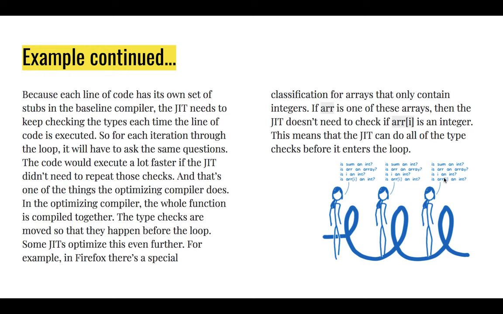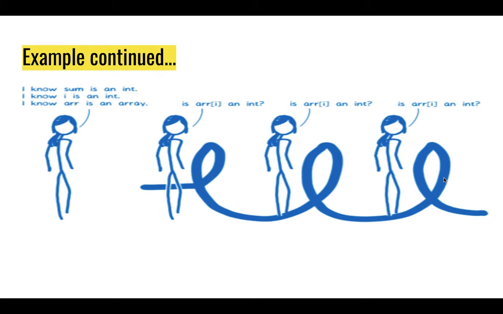If this comes out true for a few iterations, JIT would assume that this would be true for all next iterations of the loop, and thus it has made these assumptions: I know sum is an integer, I know I is an integer, I know ARR is an array.